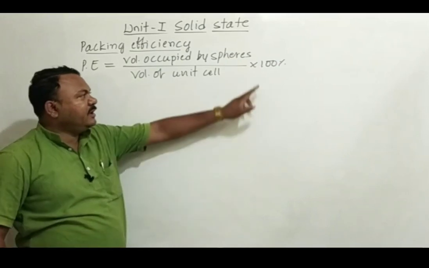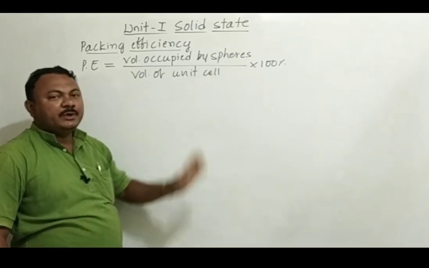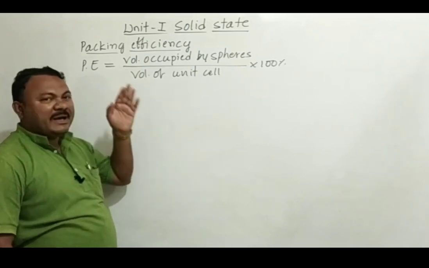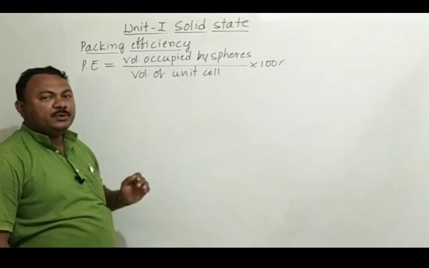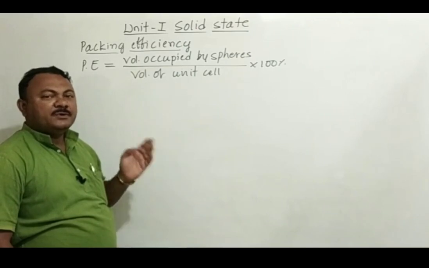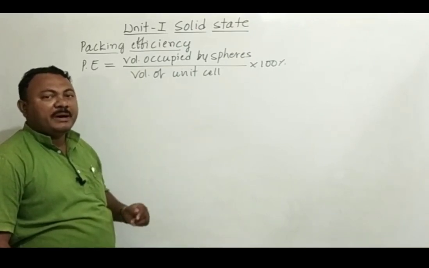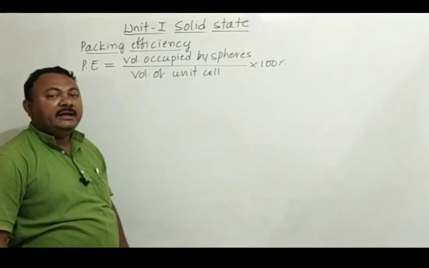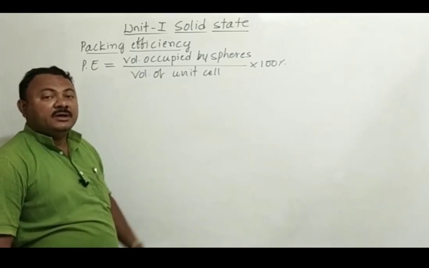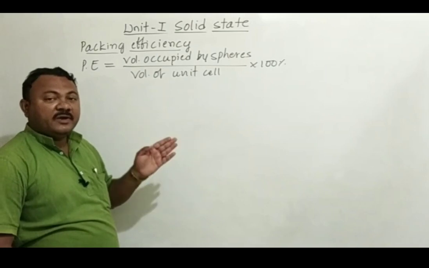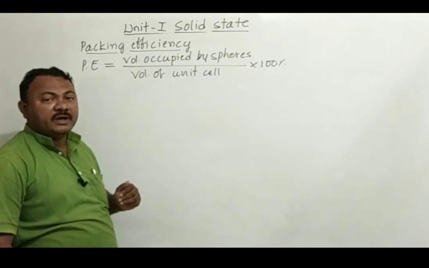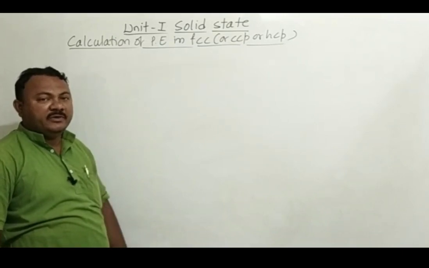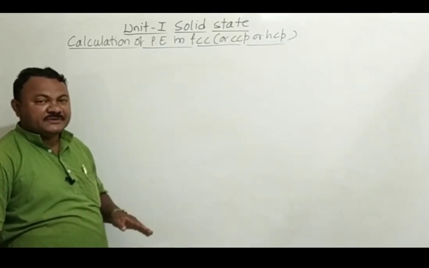See, if you are not multiplying by 100, we get this ratio in terms of a fraction. Then whatever the result we get, we call it packing fraction. So in some books or in some exams, instead of packing efficiency, they are going to give packing fraction. The only difference is efficiency we take in terms of percentage, and without percentage, the fraction we are getting is called packing fraction. Let us go for next calculation of packing efficiency with respect to cubic system.